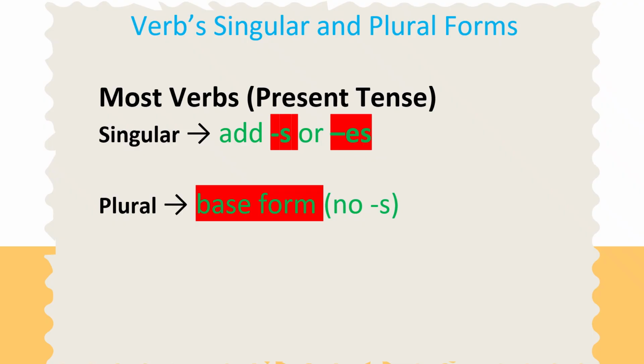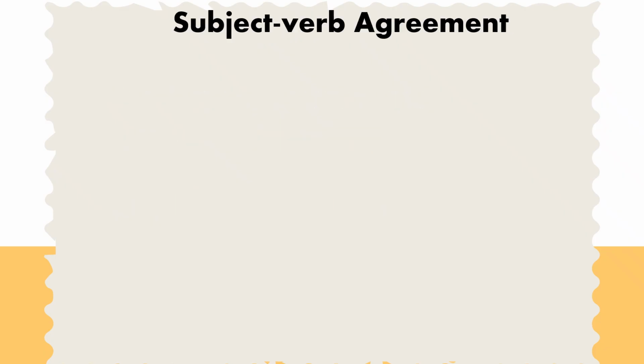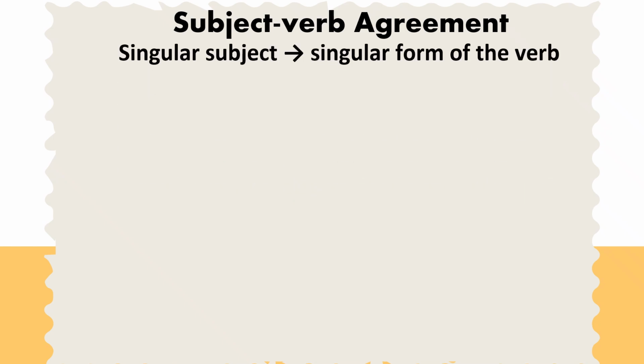The plural form of the verb is just the base form of the verb. You don't have to add s or es. So, if the subject is singular, then we use the singular form of the verb.